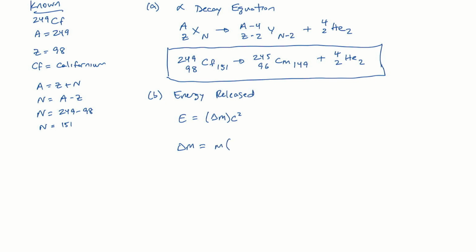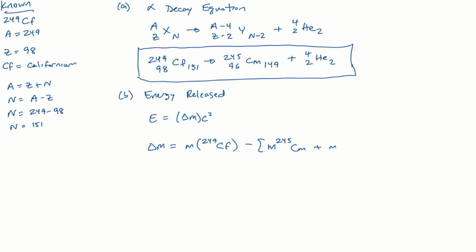We need the mass of 249 Cf minus the mass of 245 Cm plus the mass of 4 He. These need to be looked up. Appendix A of the textbook has them, and we need to use all the digits they give us.